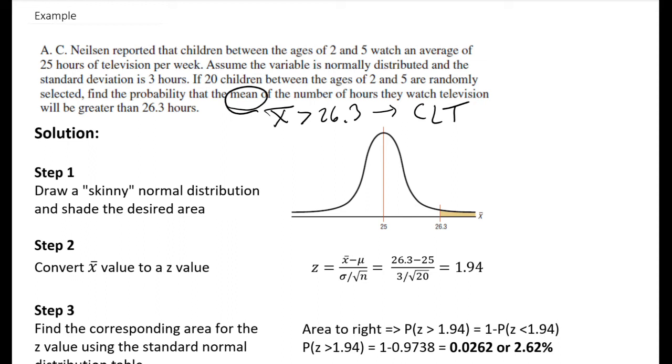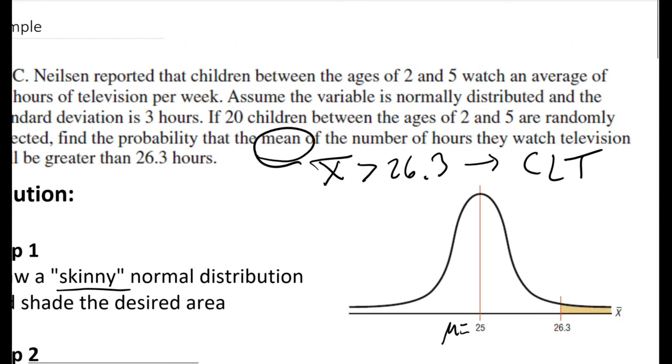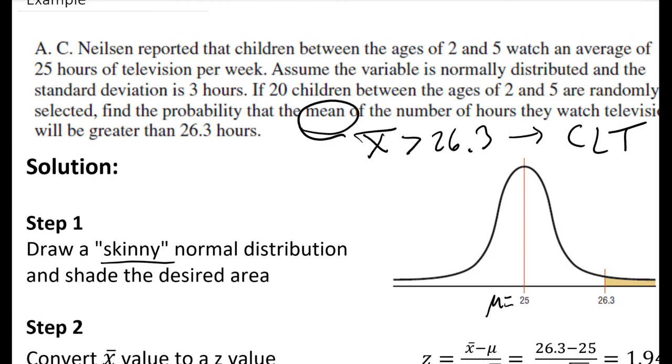Which means that for step 1, we need to draw a skinny normal distribution, which I drew here. The mean of that distribution is given by mu, and that's equal to 25. So let's zoom in on that. How do we know that the mean is 25? Well, it says to assume that the variable is normally distributed and the standard deviation is 3 hours, so this right here is my sigma.